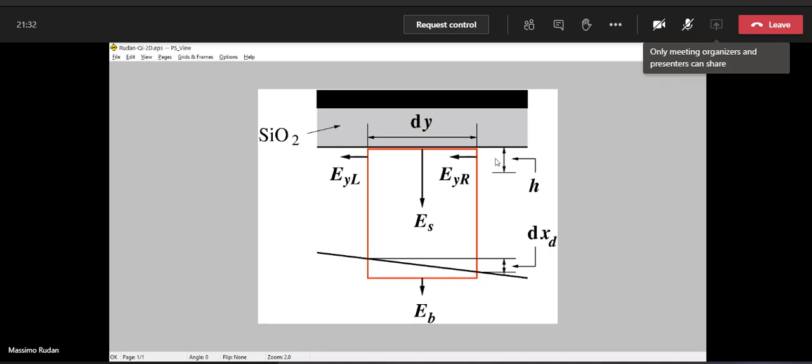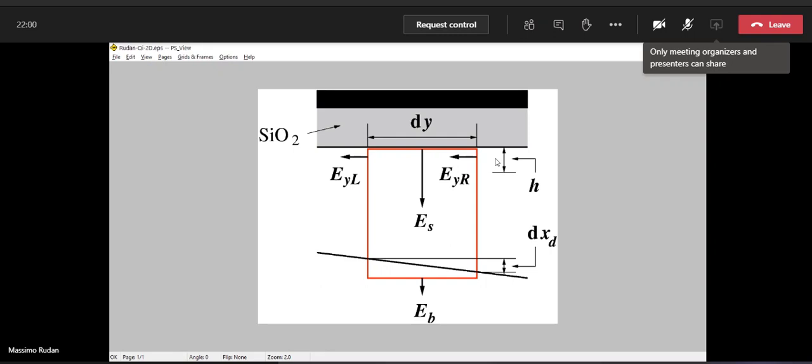And then we have EYL, that is of course the Y component of the electric field, the horizontal component calculated on the left side of the cylinder, okay? And they are represented with the correct orientation. So both of them are oriented from right to left.